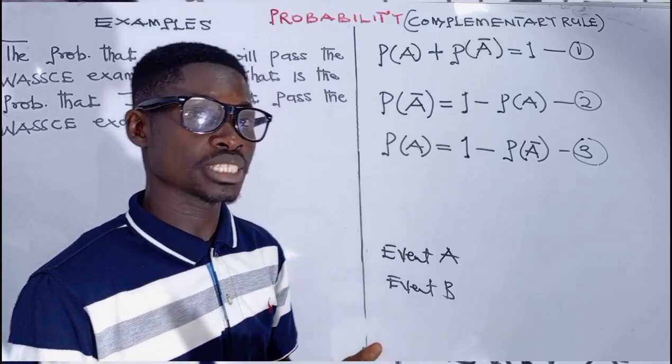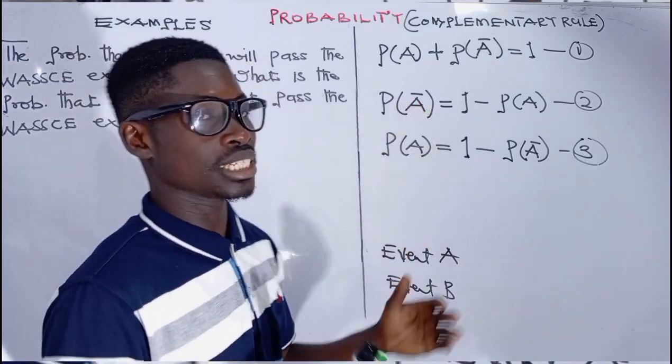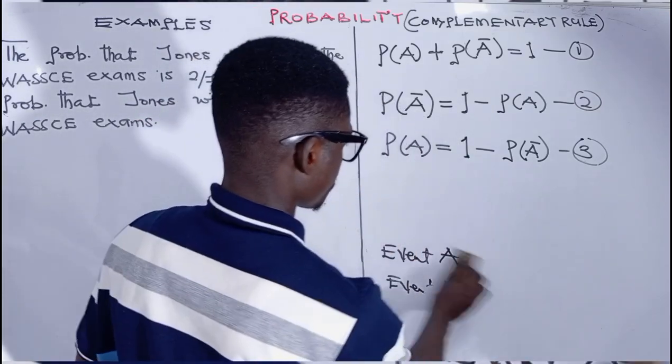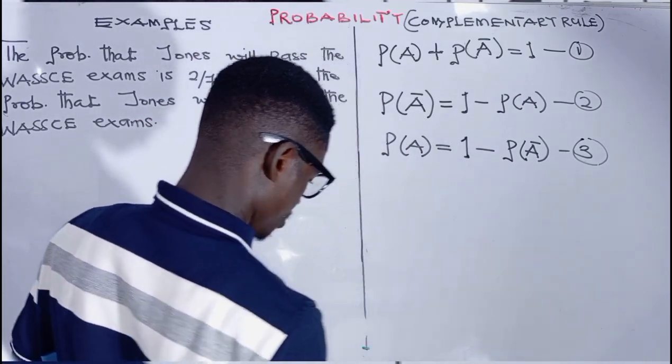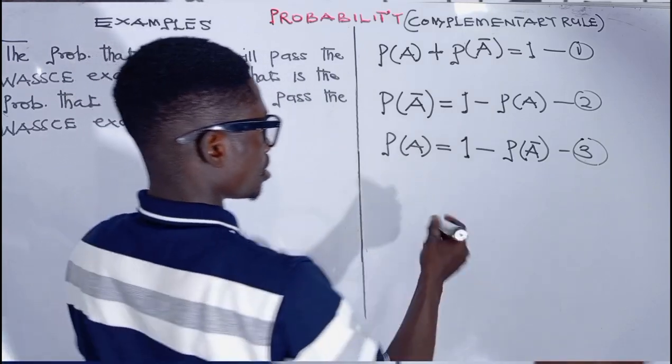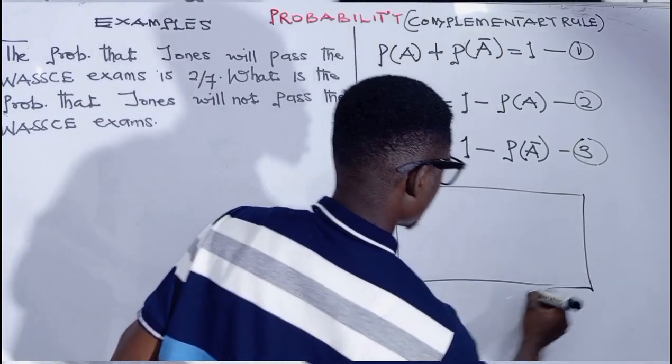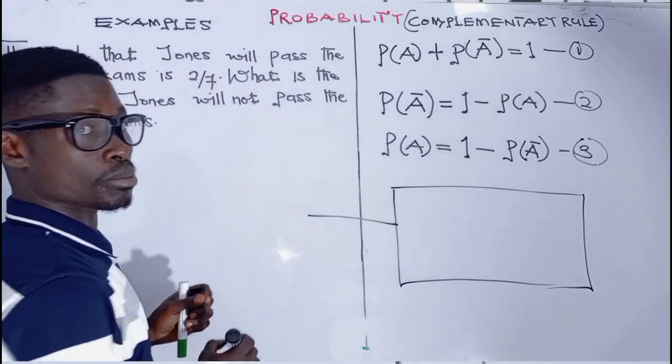We can also use the Venn diagram to illustrate the complementary events. So we are going to draw our Venn diagram. This is going to be our sample space.